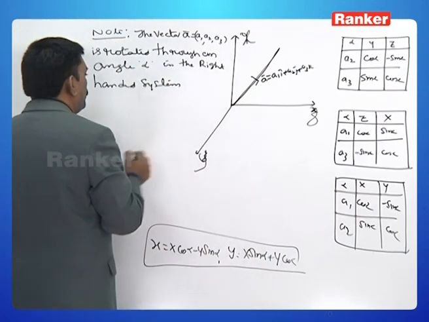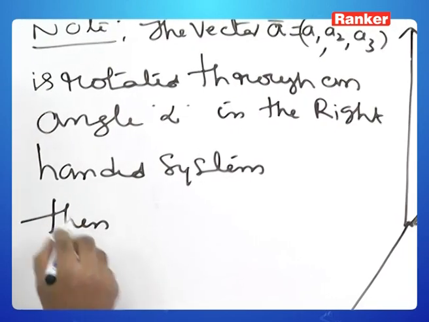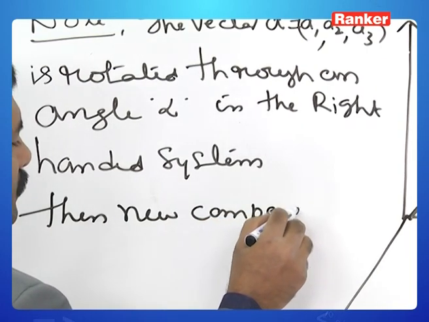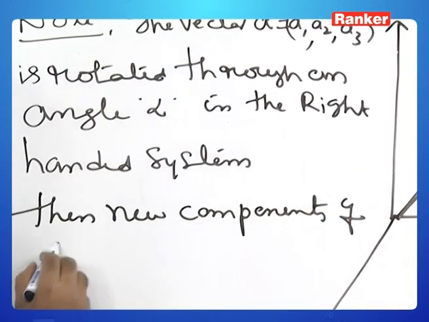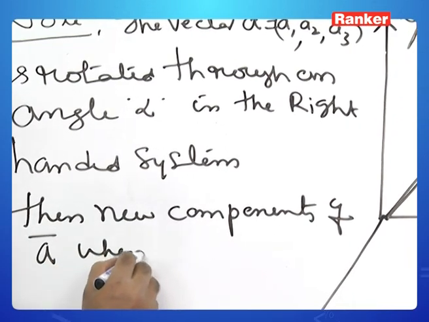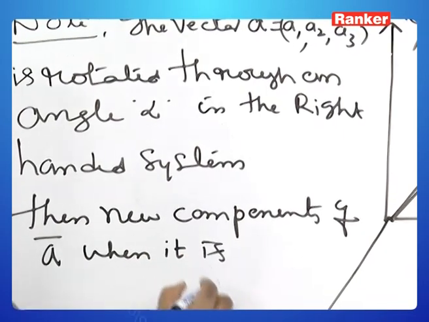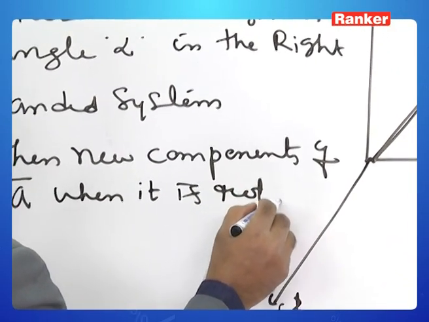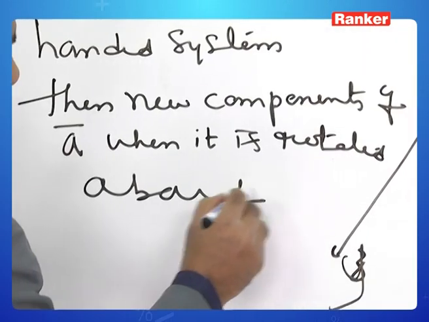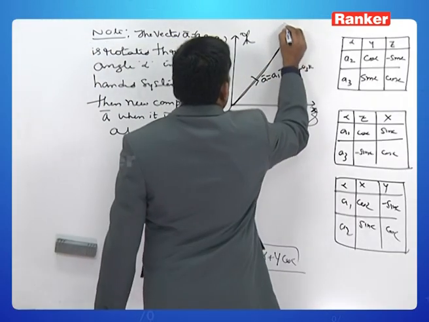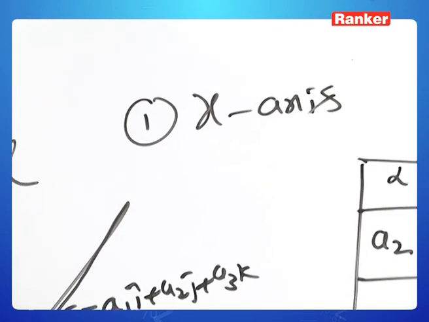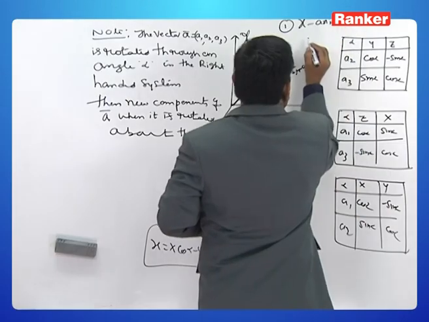In the right-handed system, the new components of a bar when it is rotated about the first one, x-axis, about the x-axis.